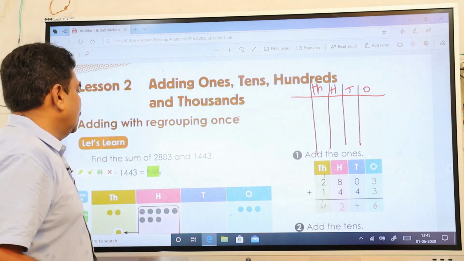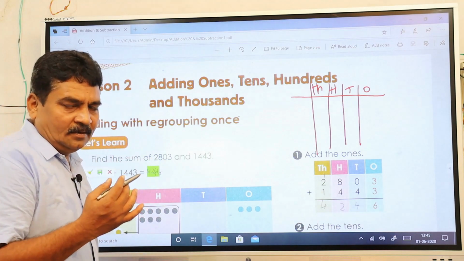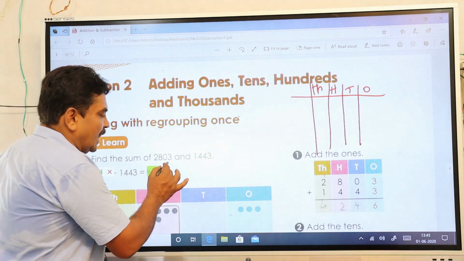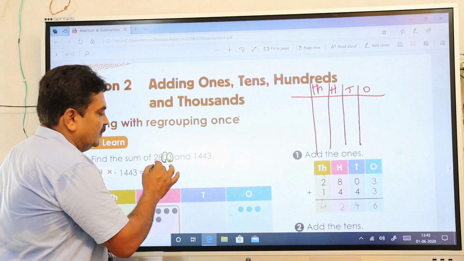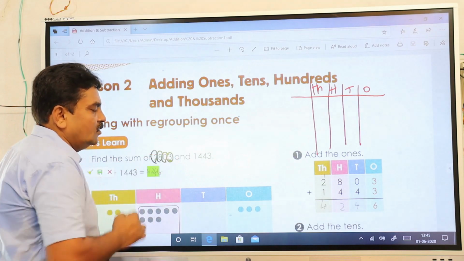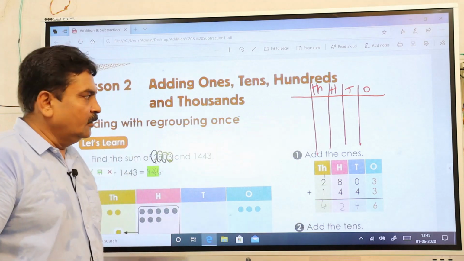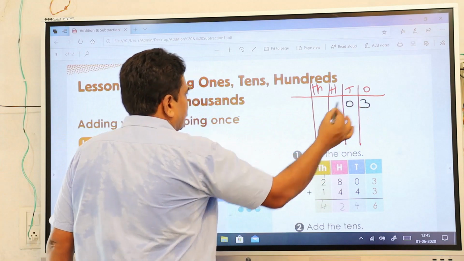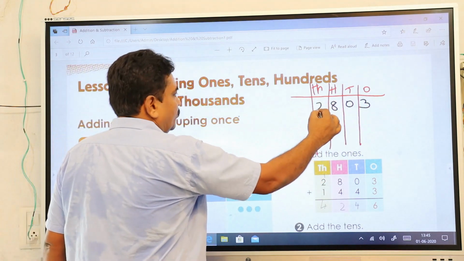Now the first one, see here. If you are unable to read and understand, you just go from the last: this is your ones value, this is your tens value, this is your hundreds value, this is your thousands value. So in the ones place you write down 3, then afterwards 0, then 8, and afterwards 2.